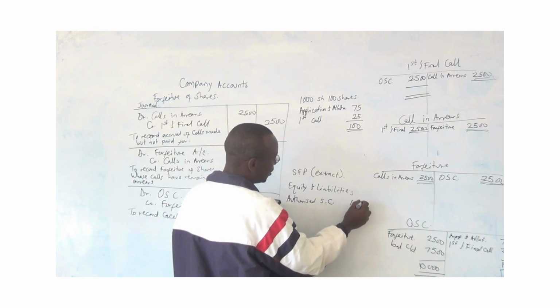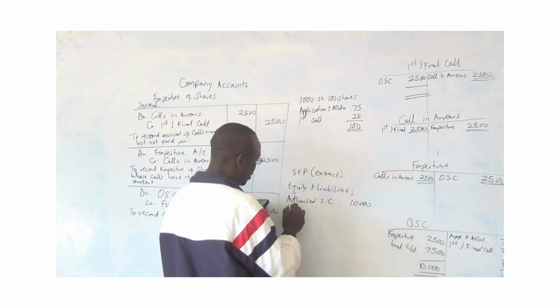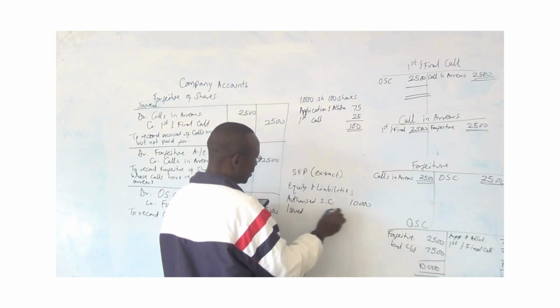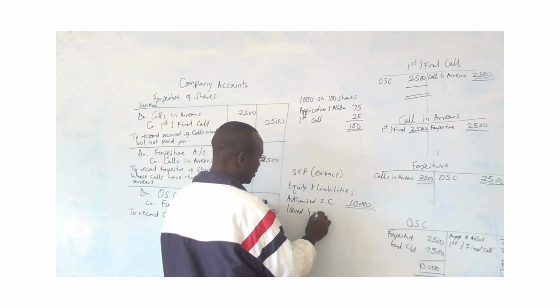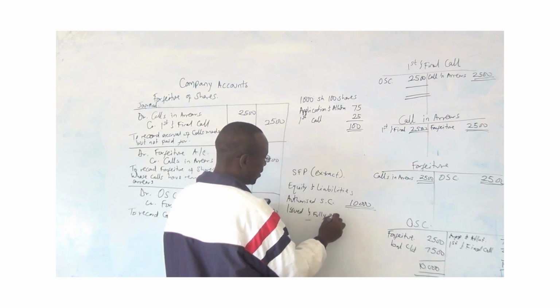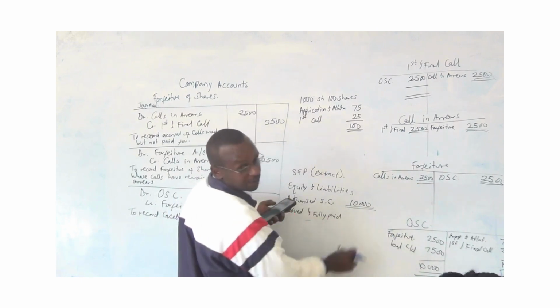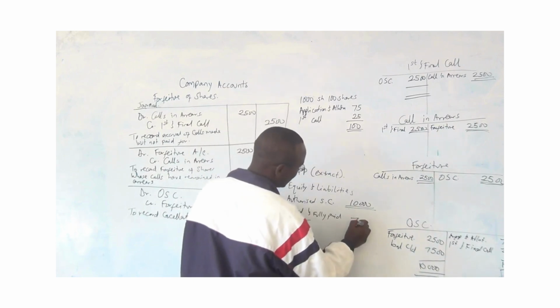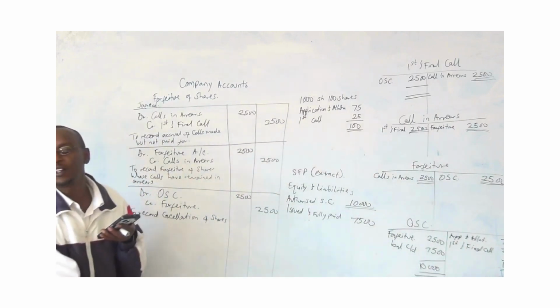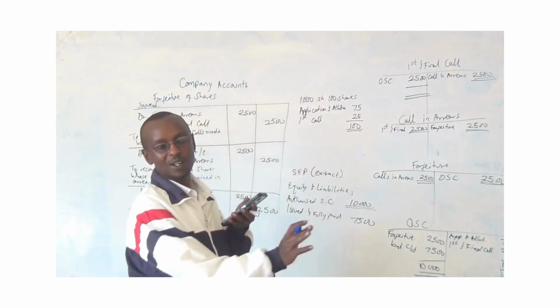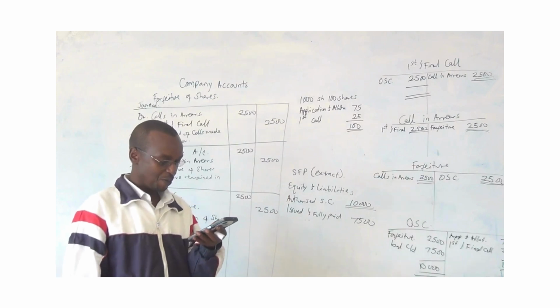It is 10,000, but issued 10,000 itakwenda issued and fully paid ni ngapi? And then you have debentures, you have others.